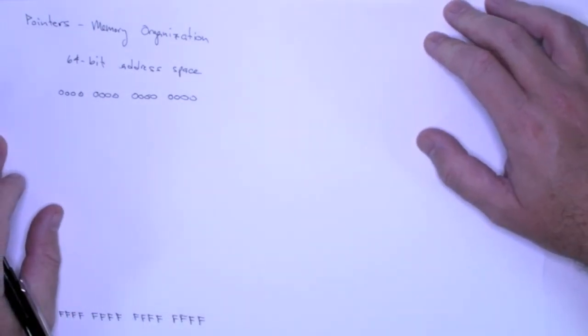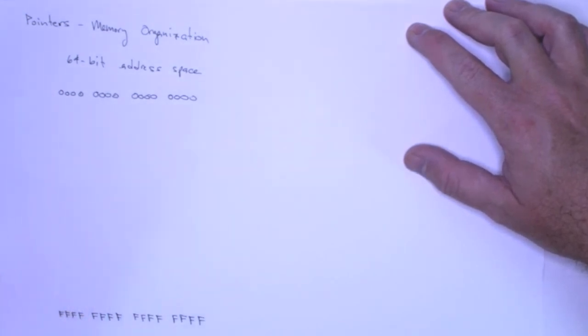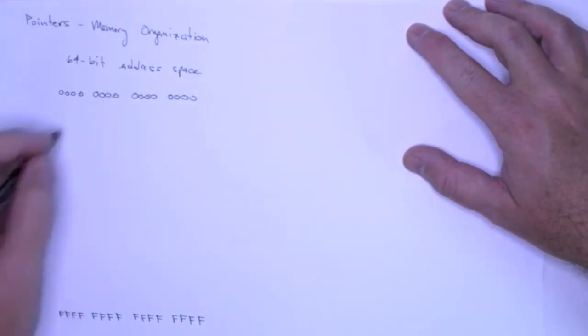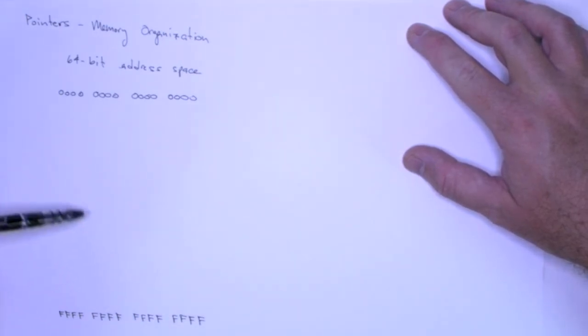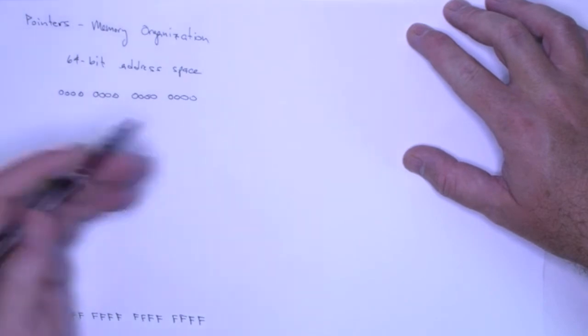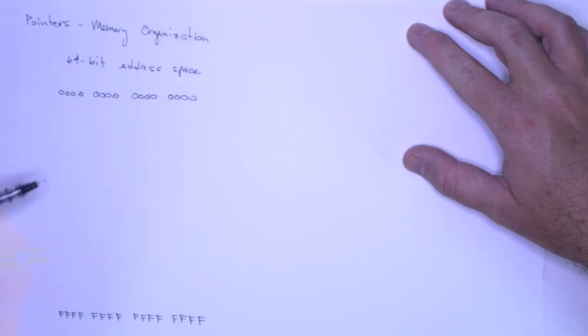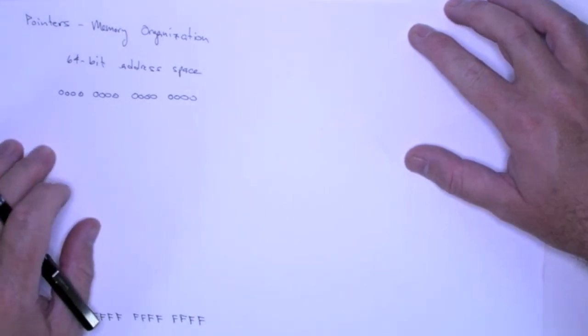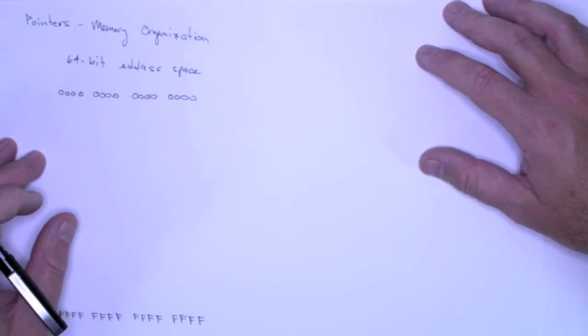It's a matter of interpretation what makes something a character versus a double, but we'll ignore that for right now. We're not going to talk about how an operating system chops this memory up, but there are certain areas reserved for the operating system, and certain areas reserved for user programs.